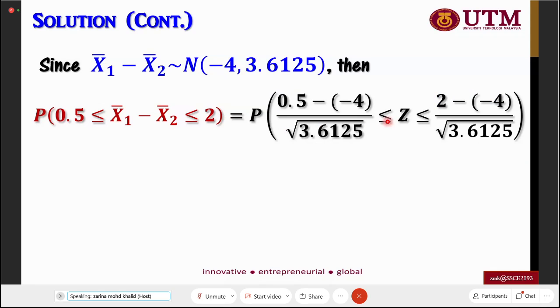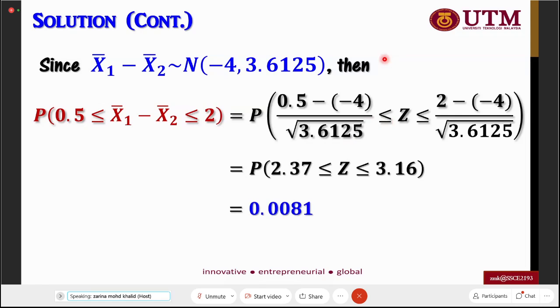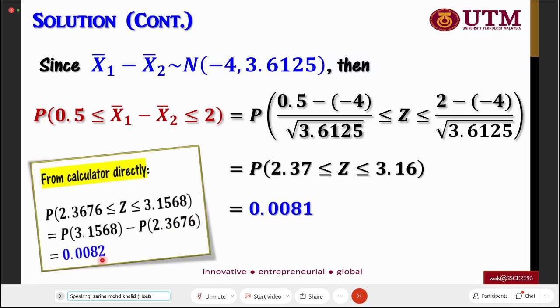Once you get to Z, I believe you are familiar with this already. Use your calculator. If you round the value of Z to 2 decimal places, you tend to get the same answer given by the book. But if you use your calculator straight away, you get a slightly different value, only a difference of 0.0001 in this case.